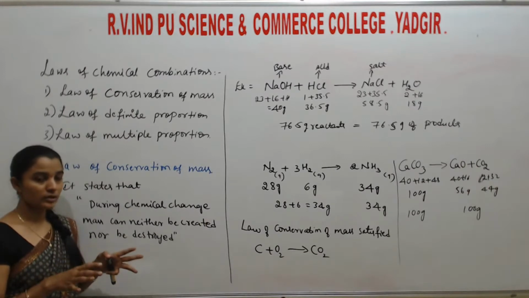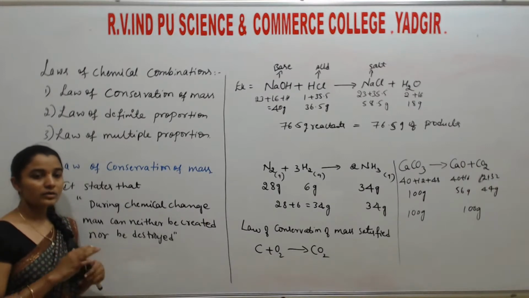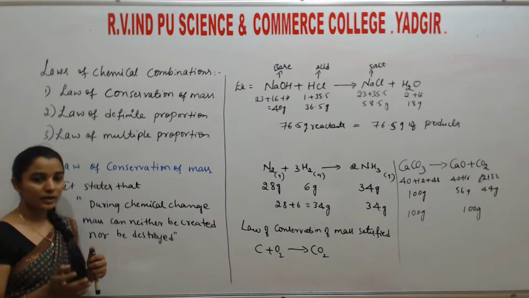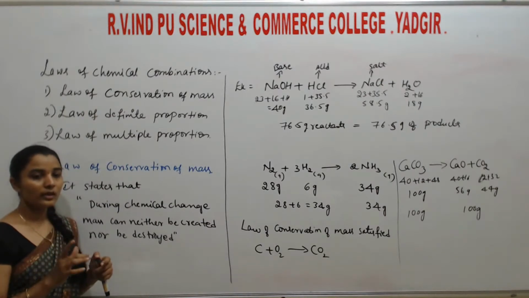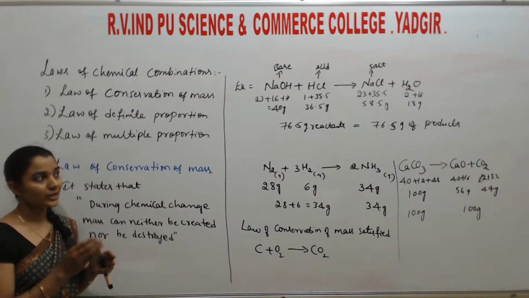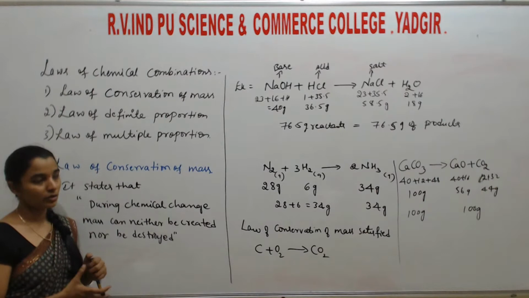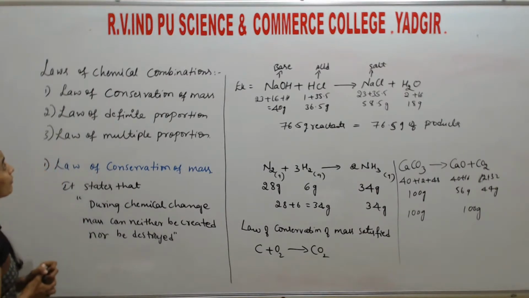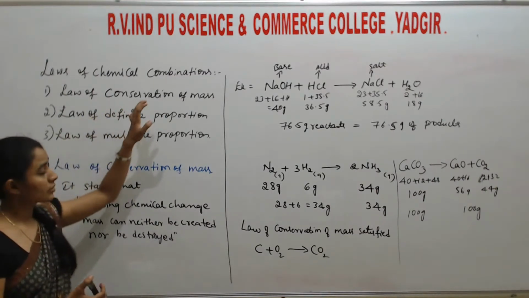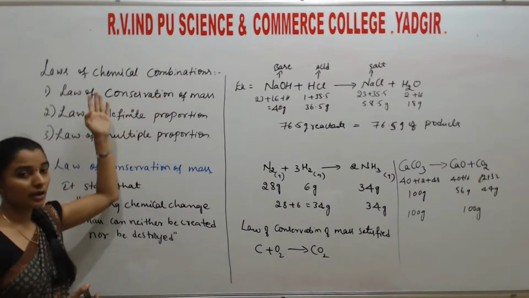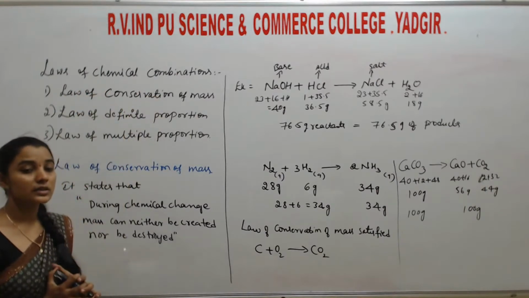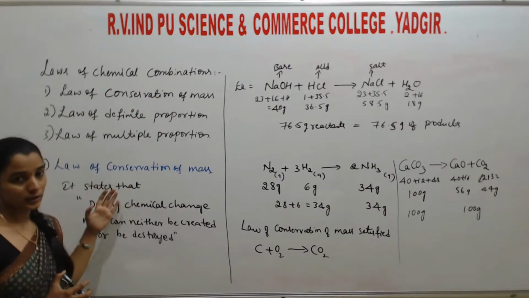So in the universe, neither mass nor energy nor anything else can be created or destroyed; it can only be converted from one form to another. So this is all about the first law of chemical combination, the law of conservation of mass, suggested by Lavoisier.